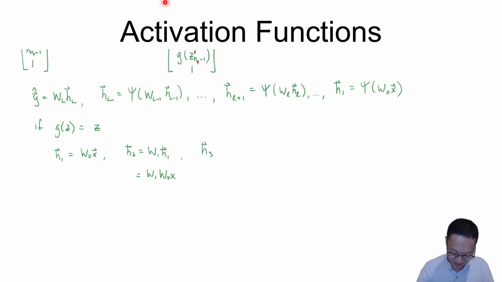And then h3, hopefully you get the idea. h3 is going to be W2 h2, which we can substitute as W2 W1 W0 x.